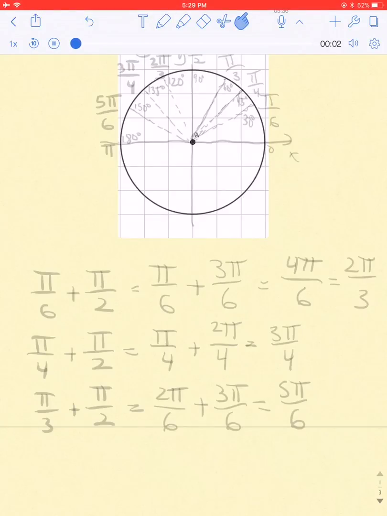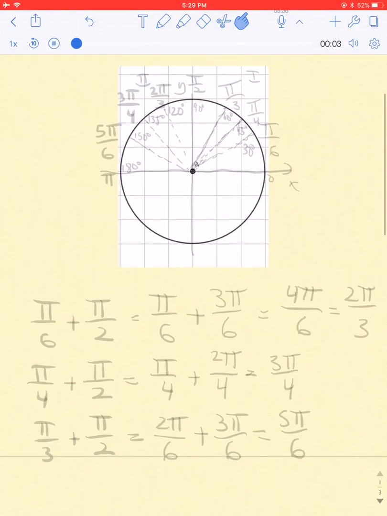Welcome back. We left off last time talking about the special angles in the first quadrant. We said that if we started with the x-axis as the initial and terminal side, then this would be 0 degrees here, and this would be 90 degrees here.